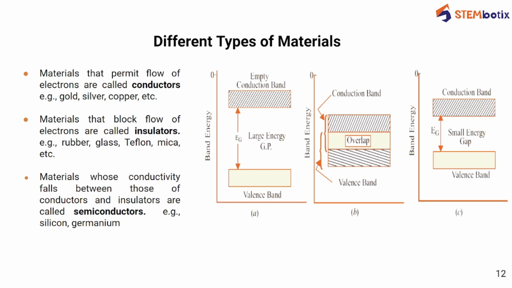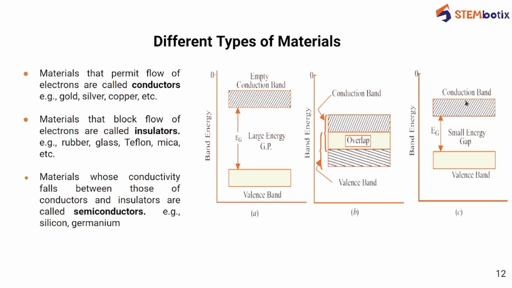Whereas semiconductors are the materials whose conductivity falls between those of conductors and insulators. So they fall between conductors and insulators. Some examples of this kind of semiconductor materials are silicon and germanium.